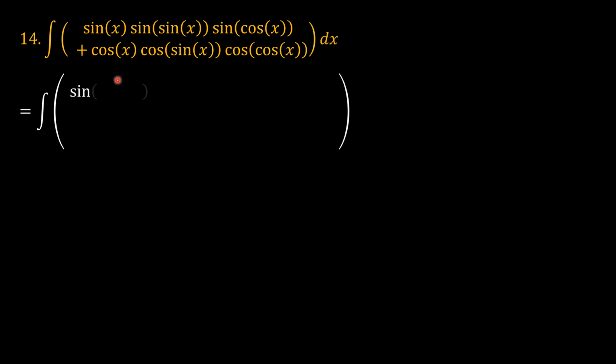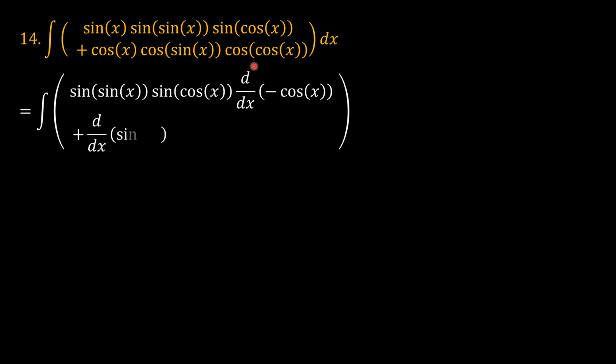So I would express this first expression as the sine x times the sine of cosine x times the derivative of negative cosine x. And this cosine x is a derivative of sine x, so I'll just say this is the same as the derivative of sine x times the cosine of sine x, cosine of x.